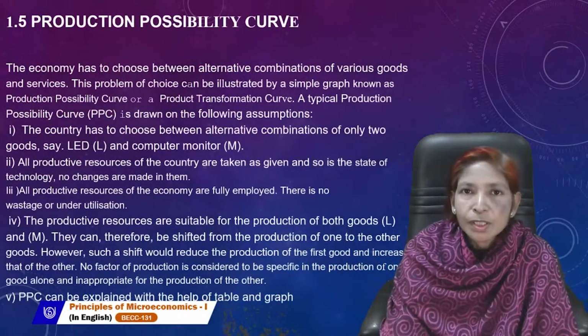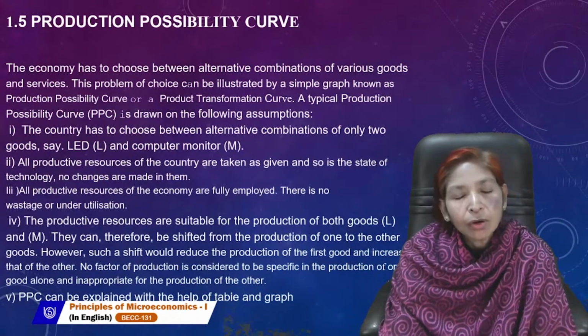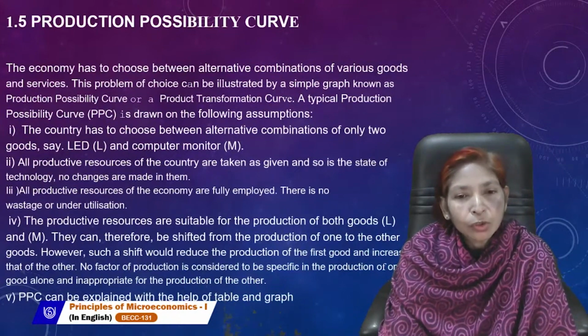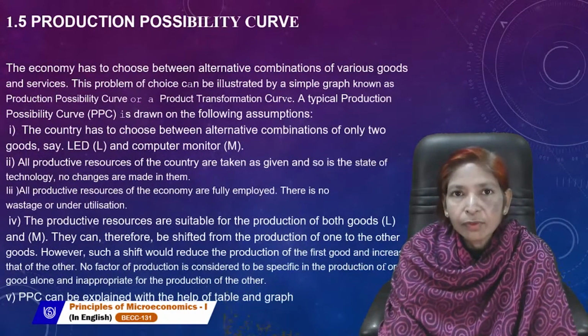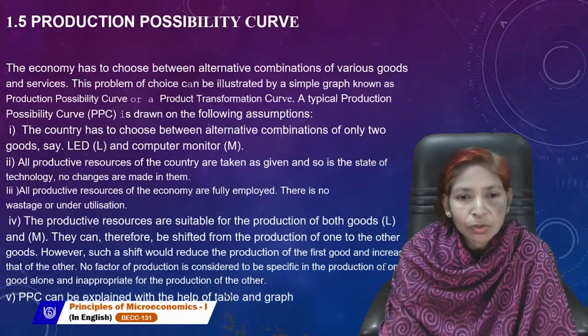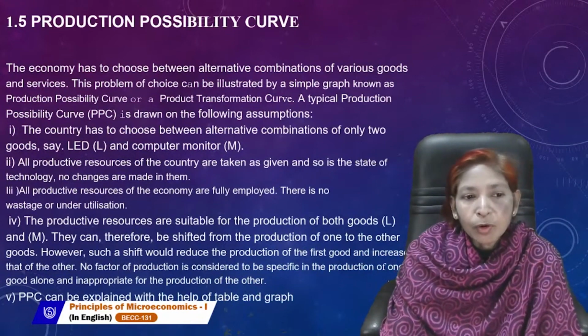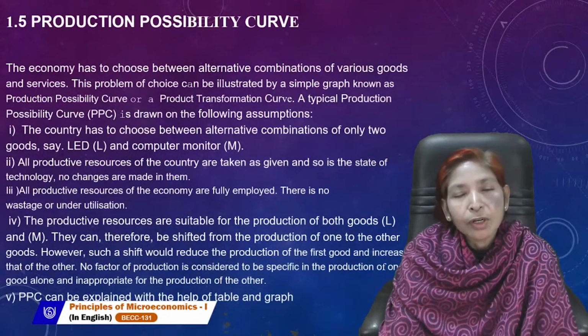We assume that all resources are fully employed, fully used. No wastage or underutilization of the resources exists in the economy. Next, the productive resources are suitable for the production of goods.